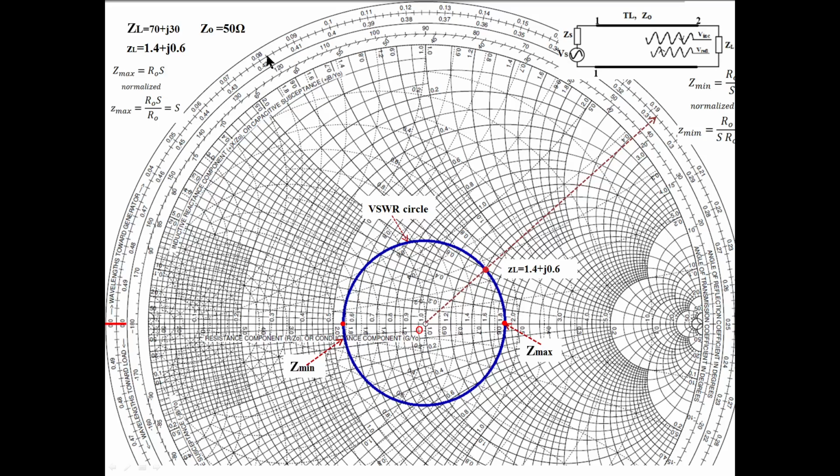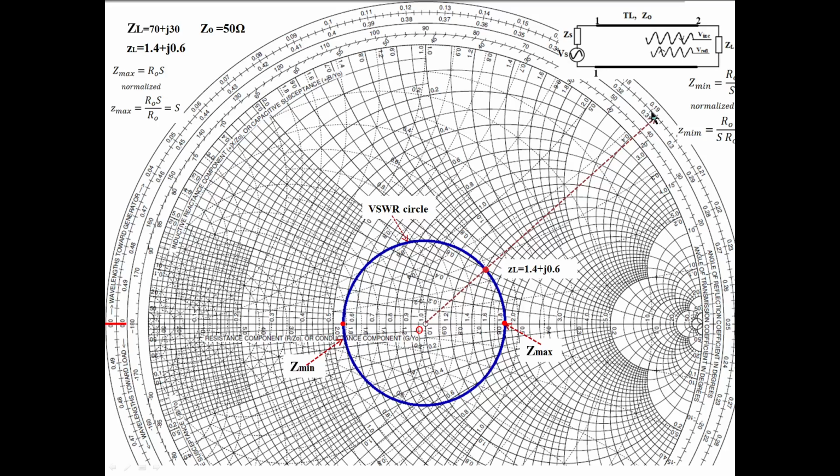So the reading here is 0.082, then 0.084, 0.086, 0.088, and 0.09 at this point. Each small division is 0.002.